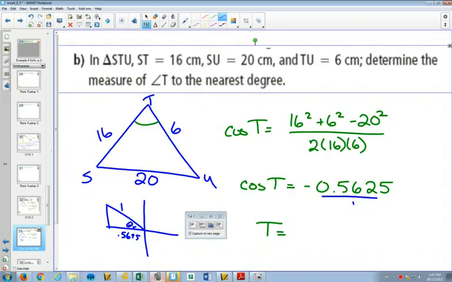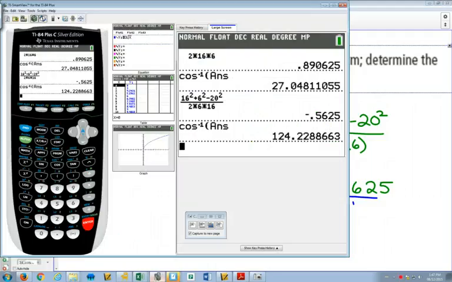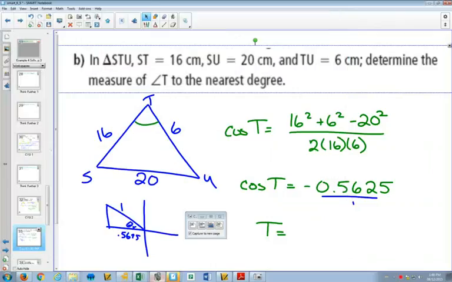But if you go to your calculator, how many people went to their calculator and just did cos inverse? If you just do cos inverse right away, you do get the answer in quadrant 2. 124.2, or t is equal to 124 degrees, is the answer in quadrant 2.